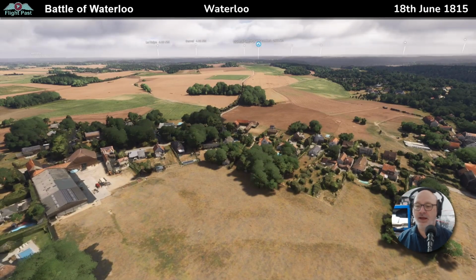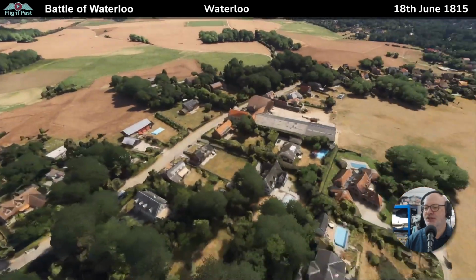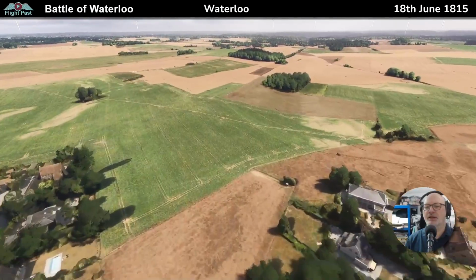And Lobau would place one brigade of infantry in this village, and another would turn to face the front, but in positions further to the north. So presumably we're talking the village here, but also this area around here.